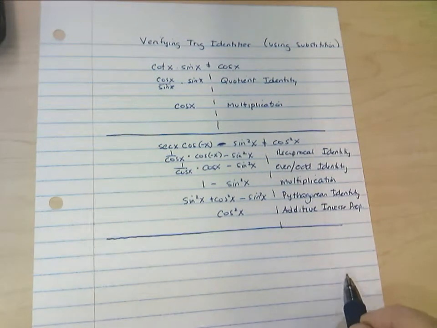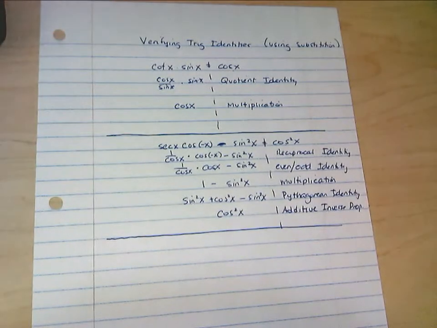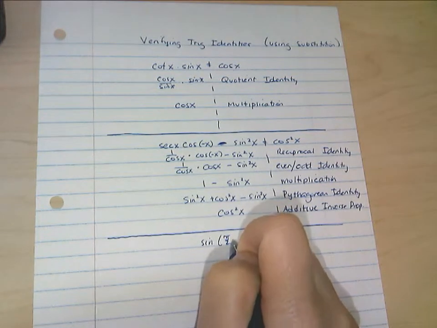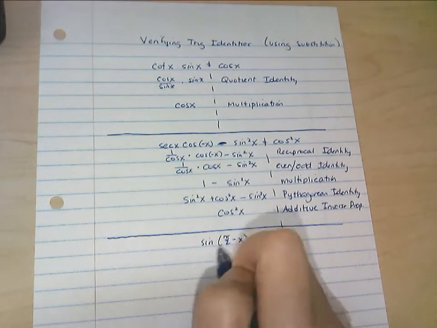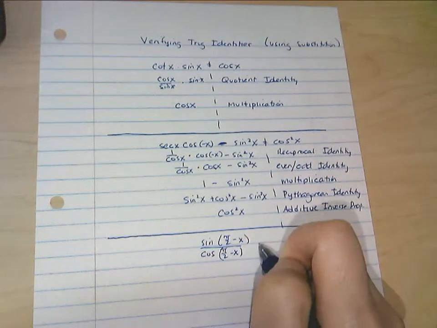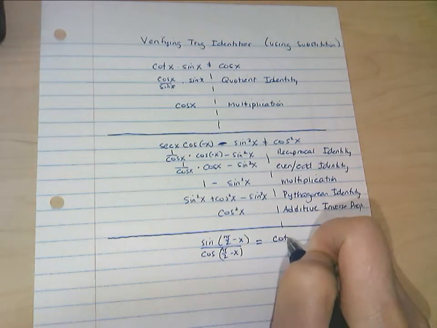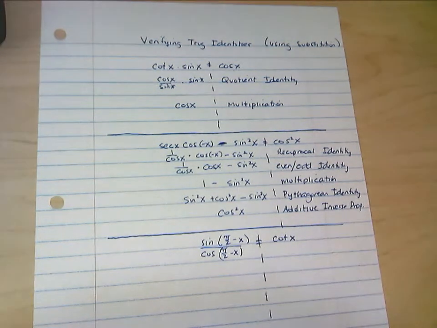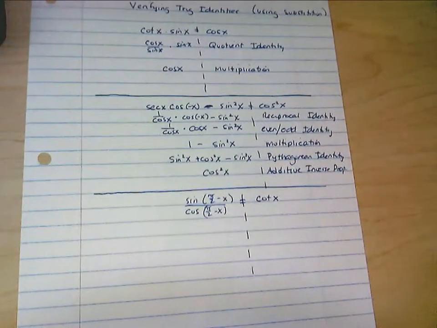I'll show one more. If I have sine of pi over 2 minus x over cosine of pi over 2 minus x equals cotangent x. So once again, draw the line down through the equal sign, and I'm only going to work on the left-hand side.